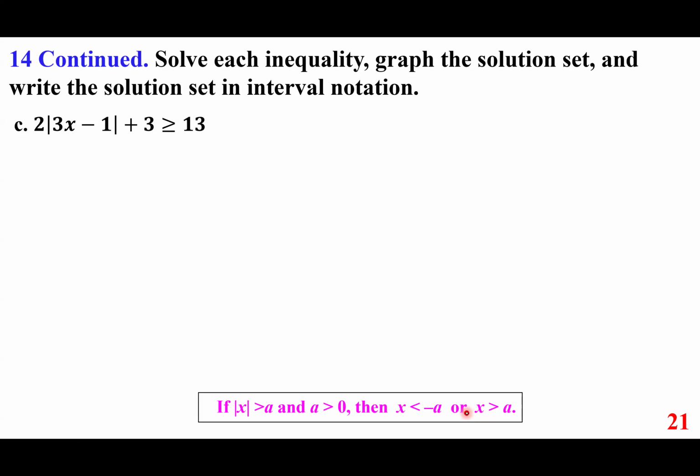So first thing first, isolation means get rid of this number. You get 10.